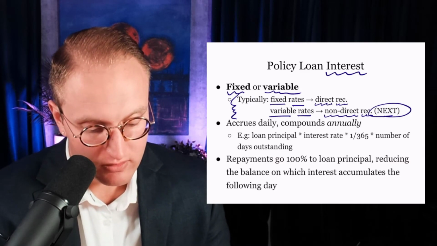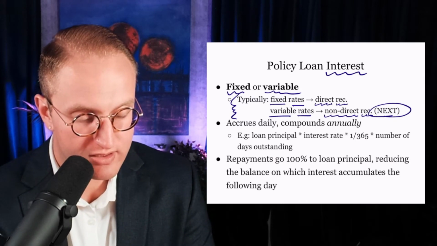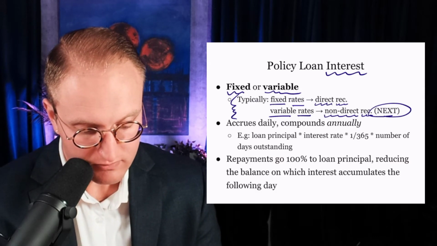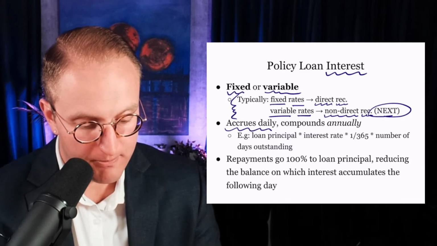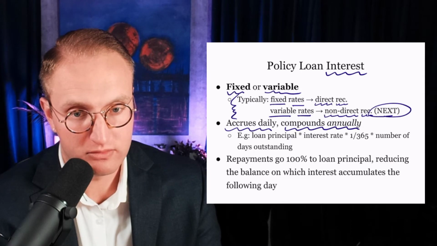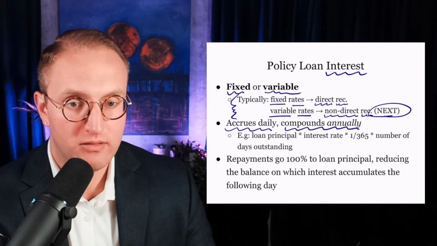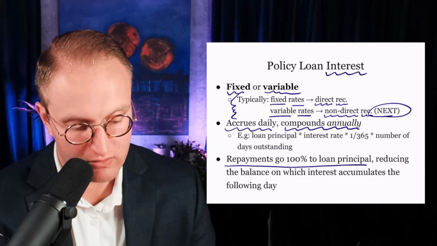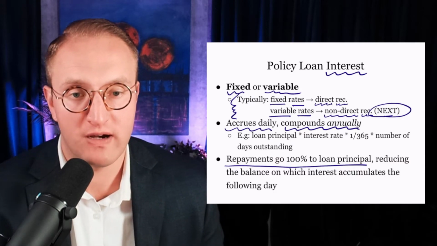So here's the technical reason for why policy loan interest is so efficient and favorable to the policy owner. Policy loan interest accrues daily, but compounds, or is added to the balance, only annually. During a policy year, whenever I do make repayments, those repayments go 100% to the principal of the loan, thereby reducing the balance on which interest will accumulate in the following day.